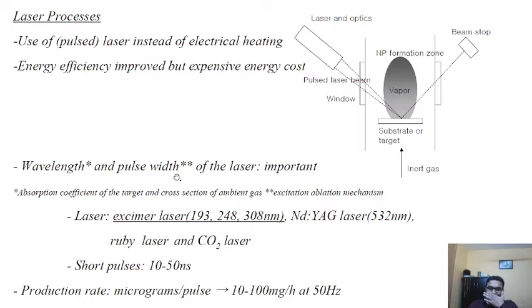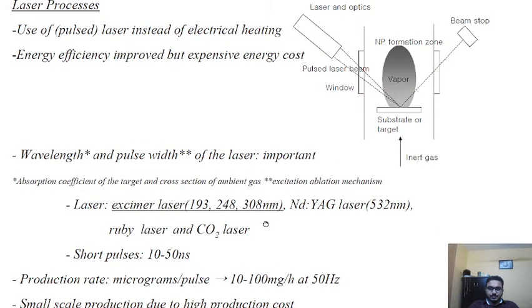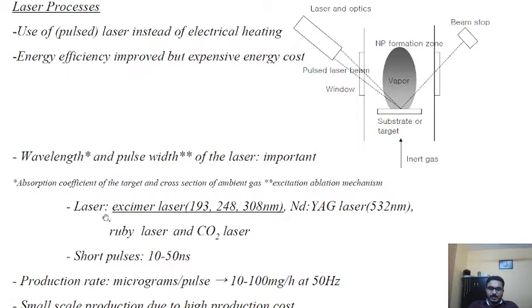As far as pulse width is concerned, the important thing is the excitation ablation mechanism. Then a few examples of lasers are given here: excimer laser of 193, 248, 308 nanometer, or Nd:YAG laser of 532 nanometer, or a UV laser can be used, or a carbon dioxide laser can also be used.